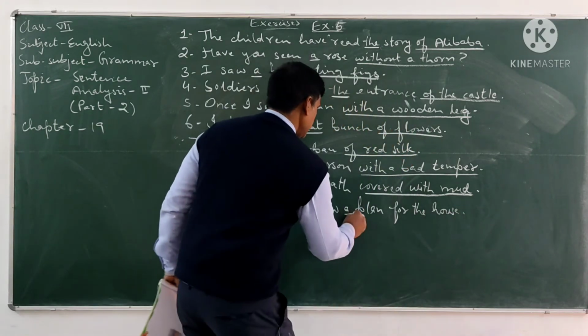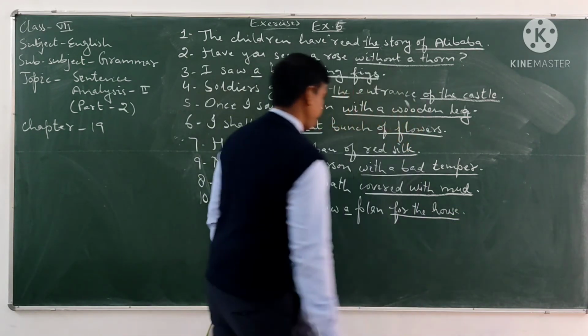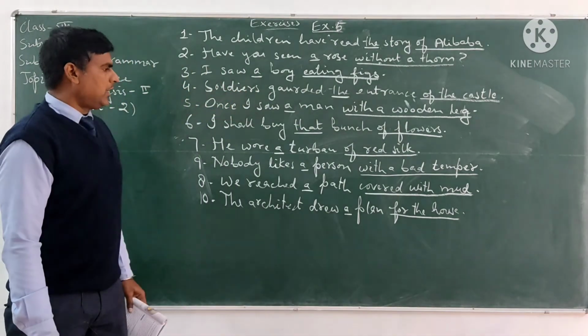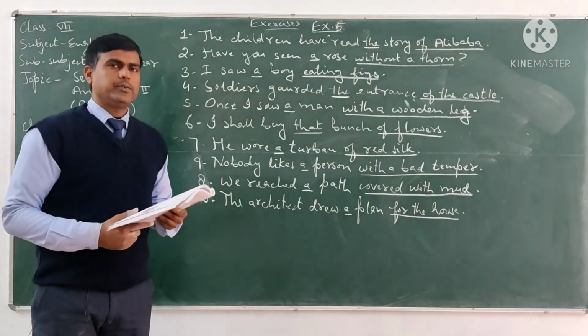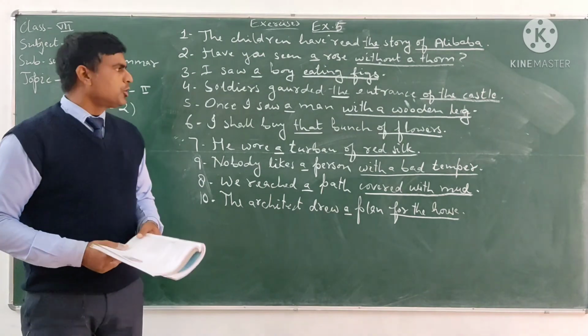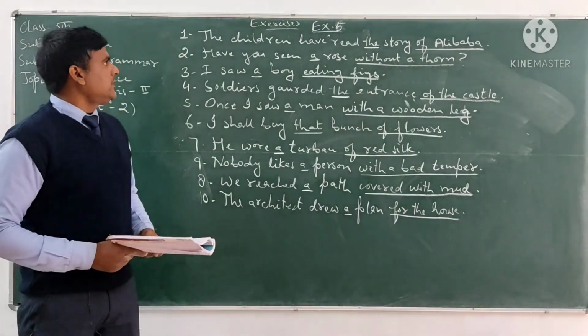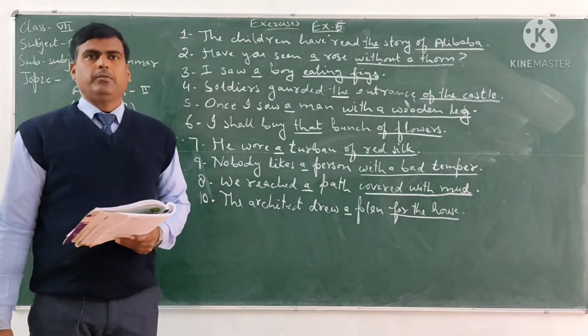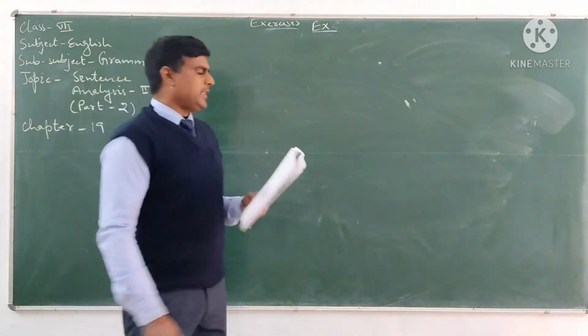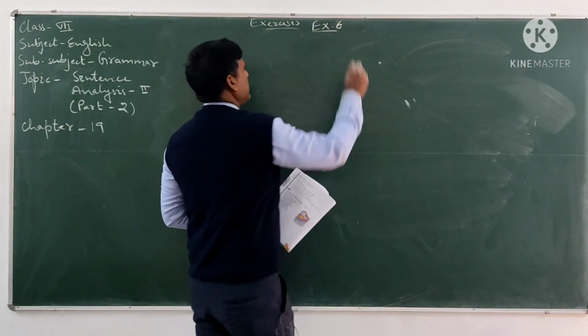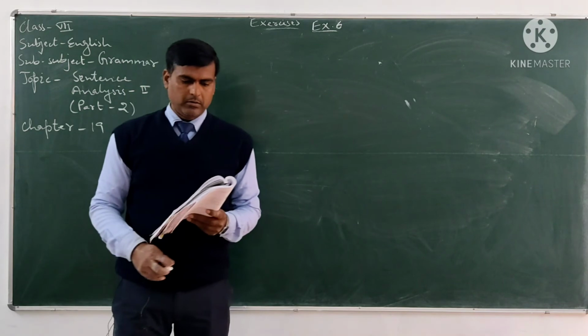In this sentence, a and for the house are the enlargement of object. So this is the exercise number 5. Now let us see exercise number 6. This is the last exercise of this chapter.